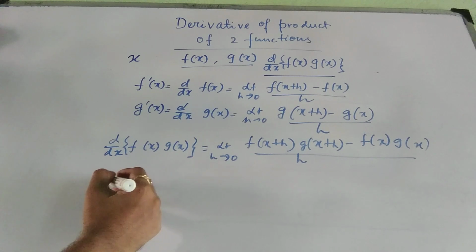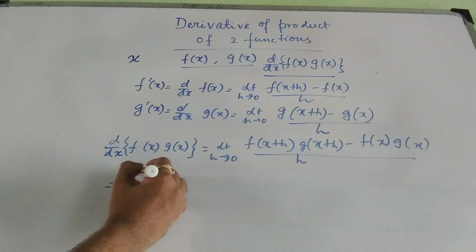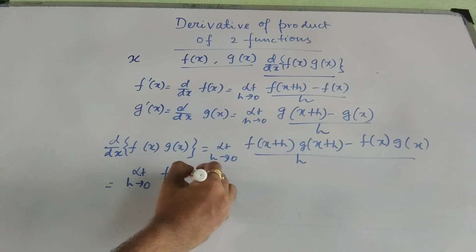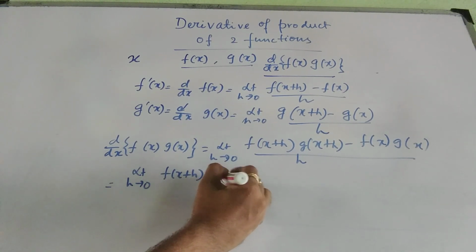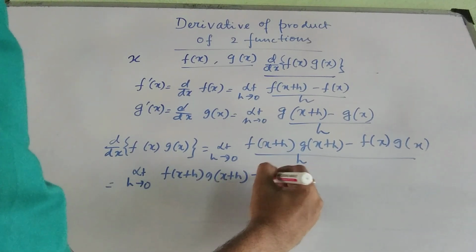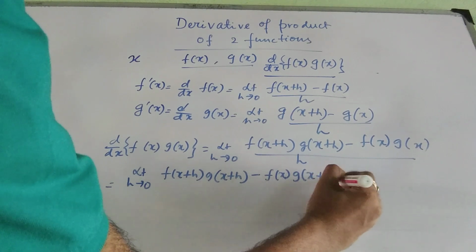The same expression can be written as follows. I am just adding one expression and subtracting one expression in the numerator to keep the balance. I am writing the limit h tends to 0 of f(x plus h) g(x plus h), let it be the same. I am subtracting f(x) into g(x plus h).